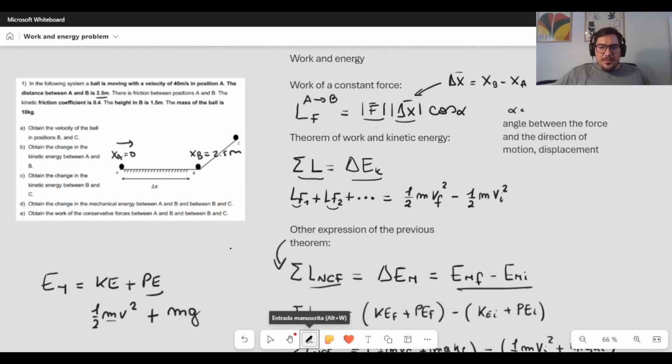So if we rewrite this theorem, we obtain this one: the sum of the works of the non-conservative forces is equal to the change in the mechanical energy. Pay attention that it's not equal to the kinetic. Mechanical energy is kinetic plus potential. Just a review.